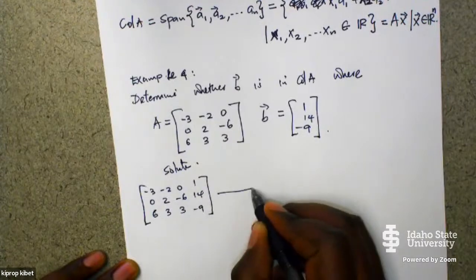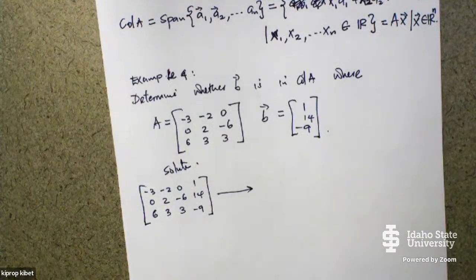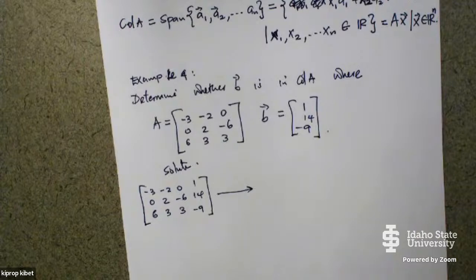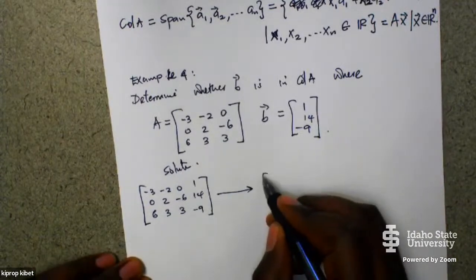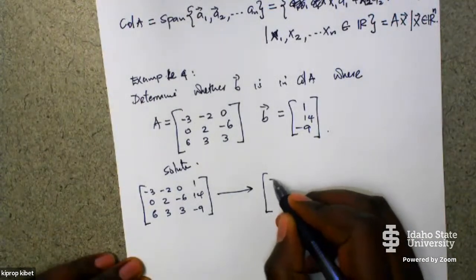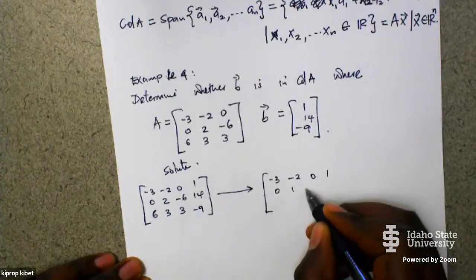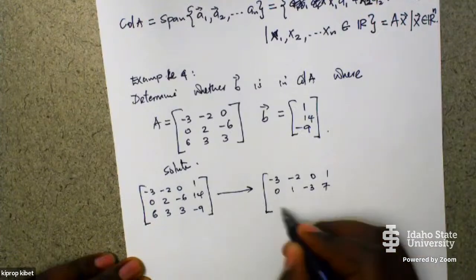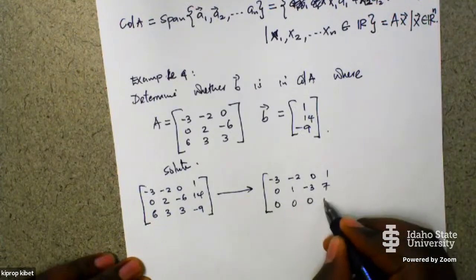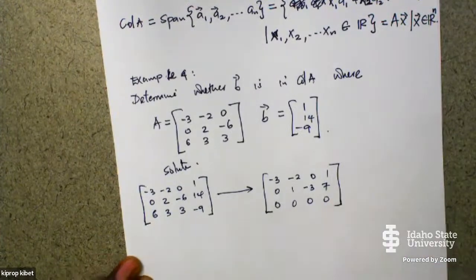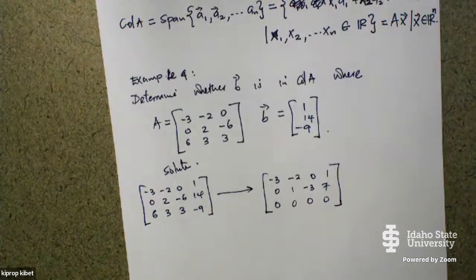You go home and reduce that matrix. What you get is -3, -2, 0, and 1, 0, 1, -3, 7, and then 0, 0, 0, and 0.